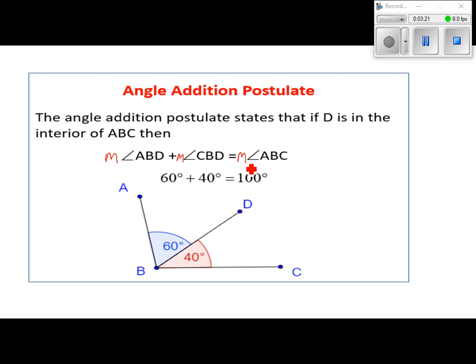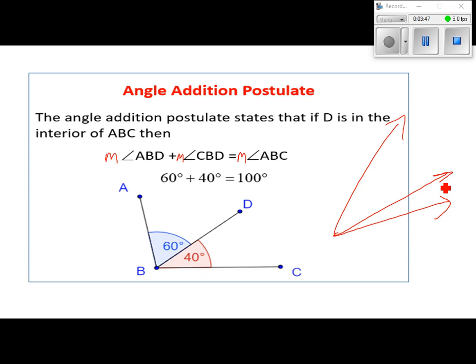So this is in what form? This is an algebra form because we're doing addition. Now it still has the symbols with it because we have to have the symbols, otherwise nobody's going to know what ABD is. All the angle addition postulate says: how many angles do I have right now? One. I draw in another ray right here.